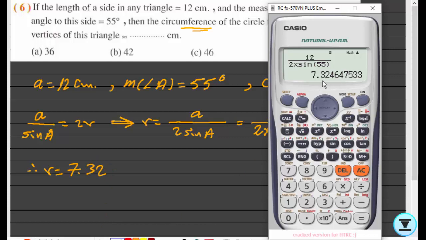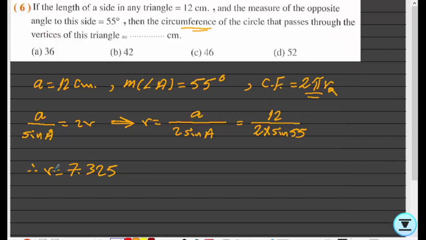I'll increase some numbers here, 5. So r equals approximately 7.325 centimeters. But the required here is to find the circumference of the circle.